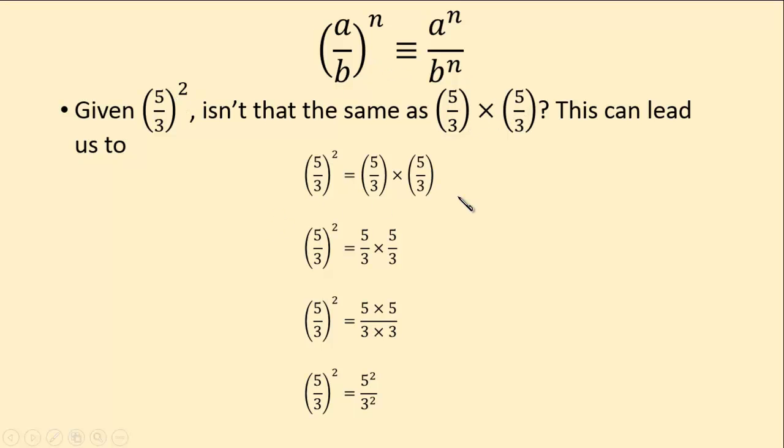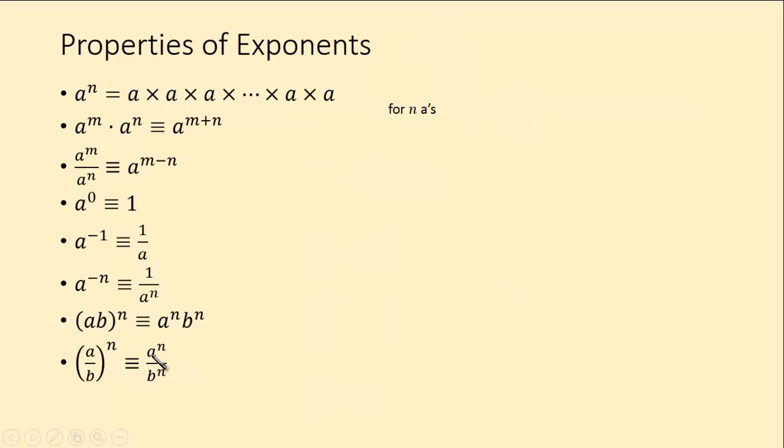If we follow this, we realize that we don't need these parentheses to begin with. 5 over 3 times 5 over 3, and we can write this as 5 times 5 over 3 times 3. That's 5 squared over 3 squared. So it should be clear then that this is true. This is not proof. Remember, we're just getting a sense of it. But this should be good enough to help you remember this. And once more, our little list grows.